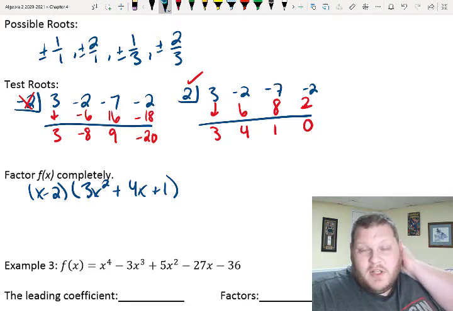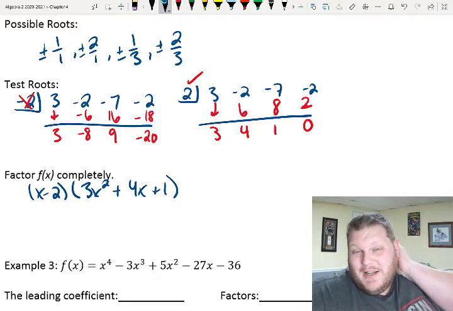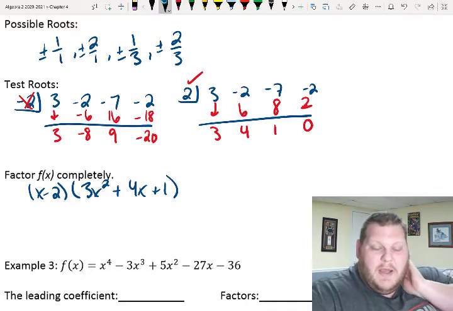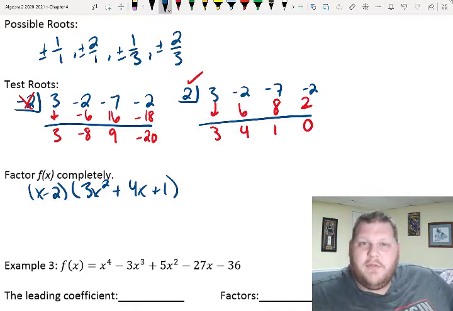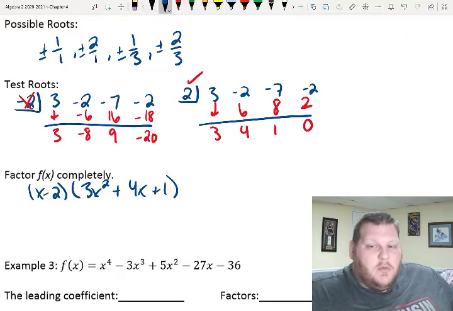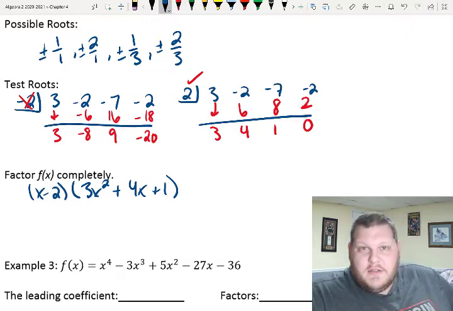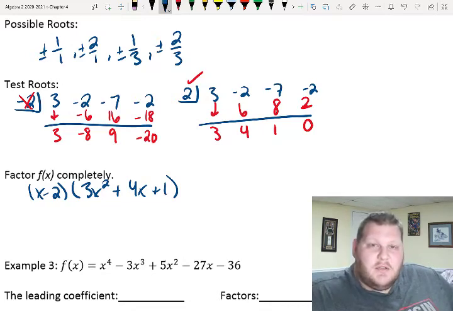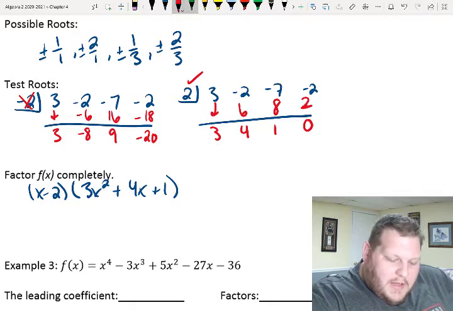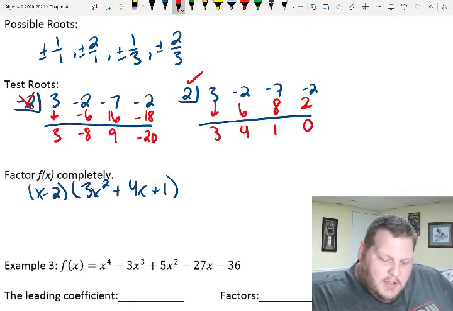You could, if you really wanted to, repeat the process over again with this new polynomial, 3x squared plus 4x plus 1. That would still work with my rational roots. I could still say, all right, factors of 1 over factors of 3 to try and guess and check and do synthetic again if that's easier for you. But we're pretty good at Xbox factoring, right?